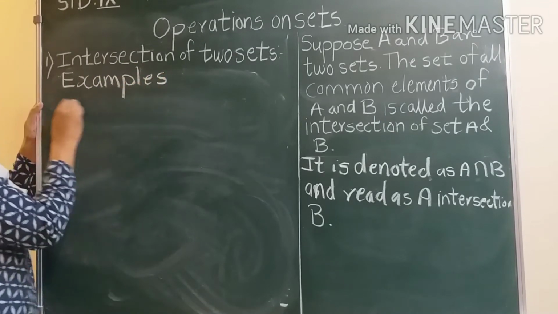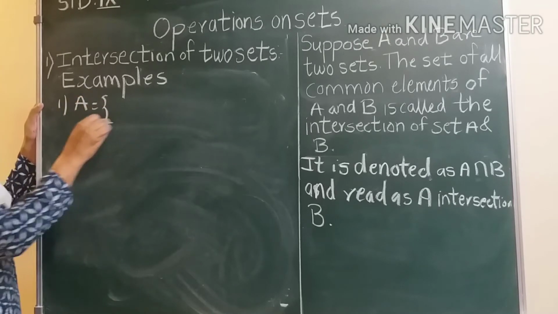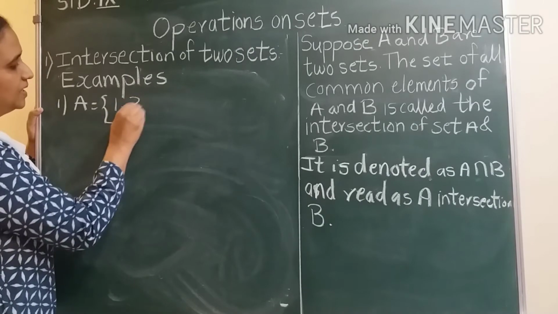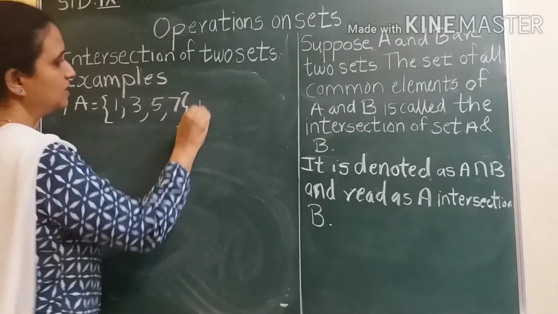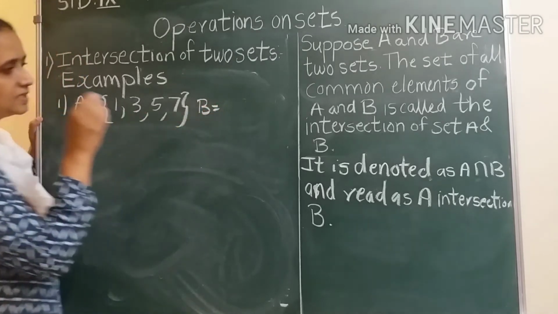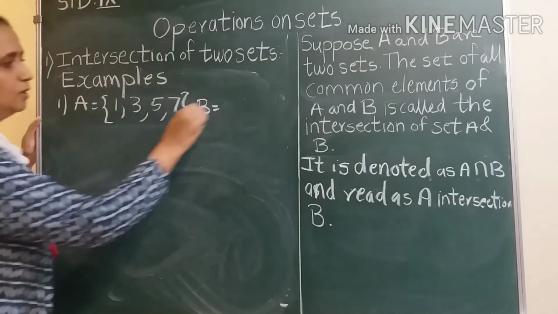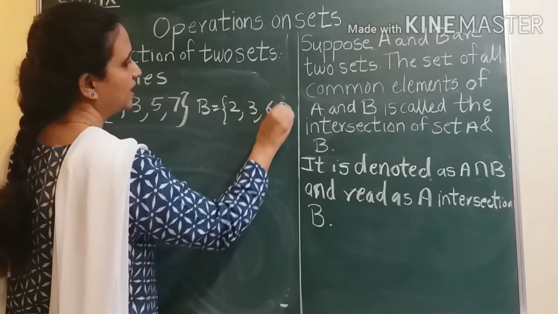So the first example is, I have set A. The elements which are present in set A are 1, 3, 5, 7. Now set B. In set B, the elements which are present are 2, 3, 6, 8.